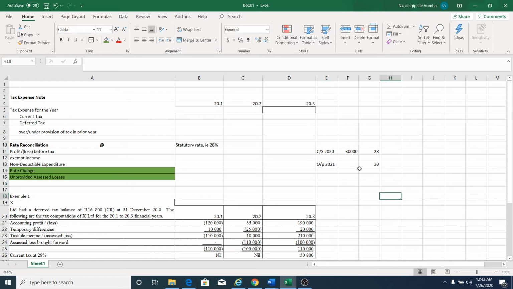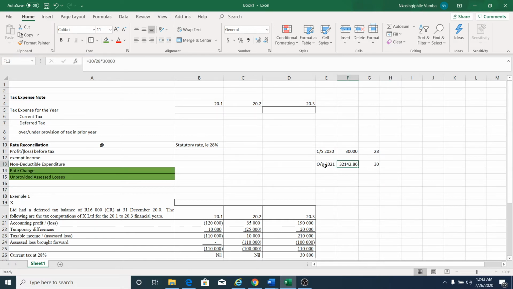What this says is, if the rate changes now, that 30,000 has to be remeasured, because it is 30,000 at 28%. It has to be remeasured and reflect 30%. So you can say equals 30%, because now it's 30% over what was 28%. Then you multiply by your deferred tax asset, and this is what you get.